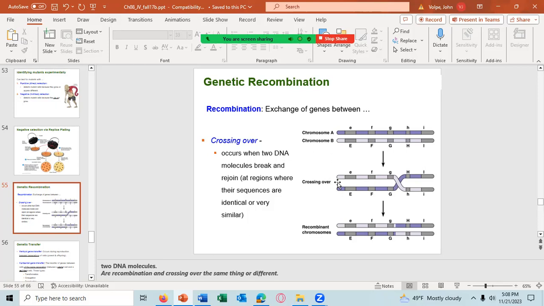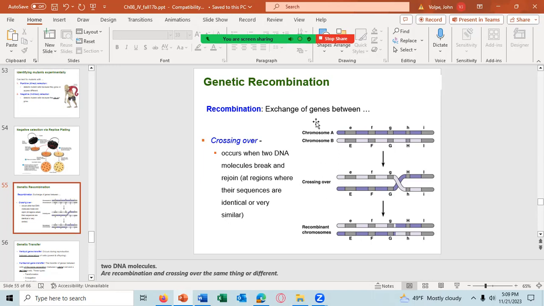that's recombination. And recombination doesn't have to be an even switch like this. Like you could have the lowercase e gene move to the chromosome with the capital E, and then there will be two E alleles on that chromosome.